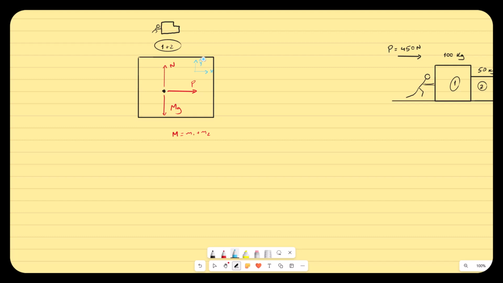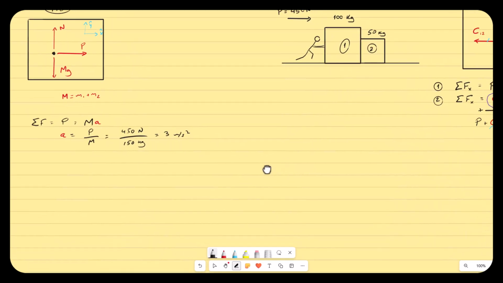X, Y. Again, don't really care what's going on in Y, but in the X direction I can say my sum of forces is, I've got just the push force equals mass times acceleration. So my acceleration is the push force divided by the total mass, 450 newtons over 150 kilograms equals 3 meters per second squared.